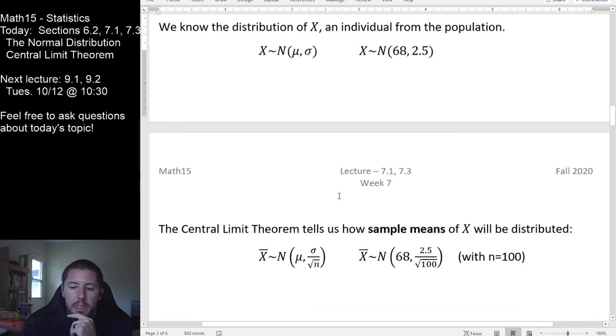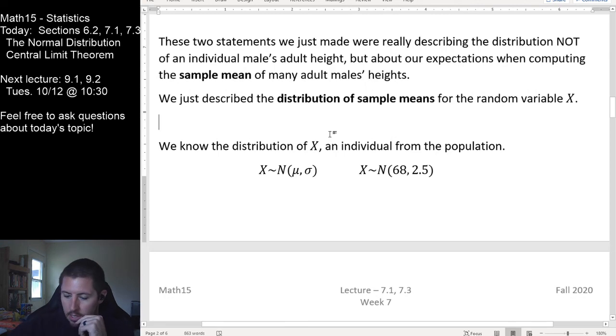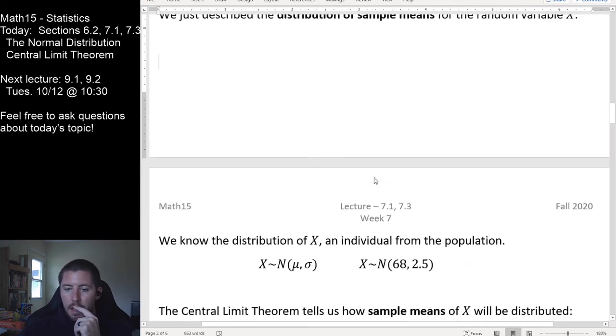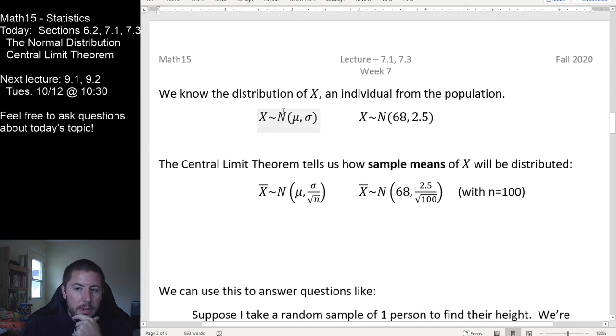So our central limit theorem is going to tell us, and by the way, I want these two on the same screen at the same time. I'm just going to hit enter here so I can make that happen. An individual X, notice super importantly, notationally, this is just X right there, is distributed normally, mu sigma.